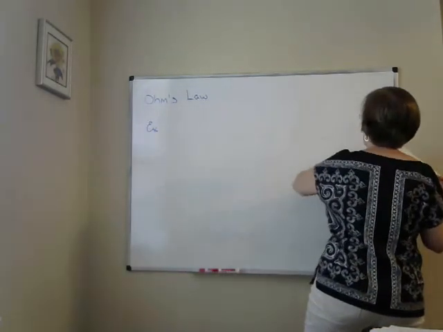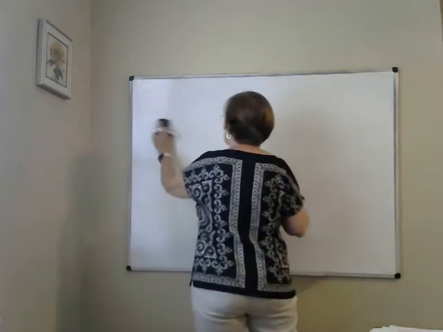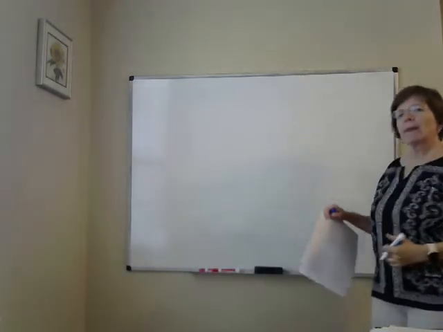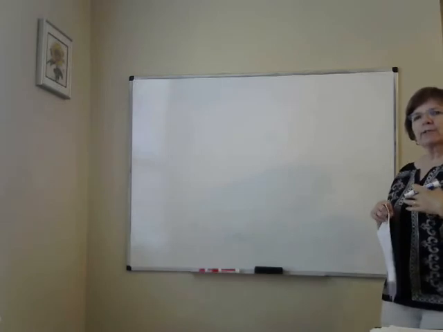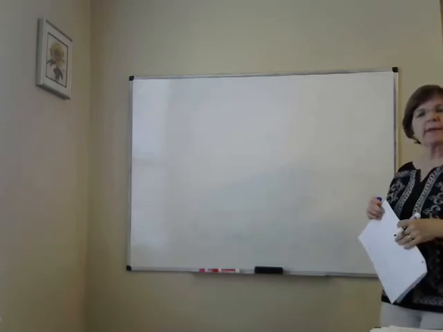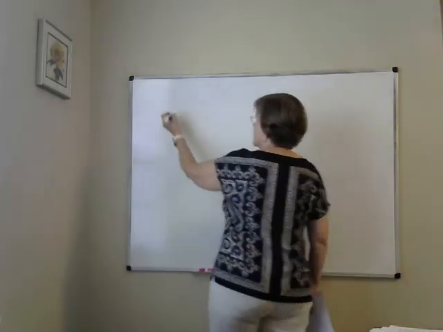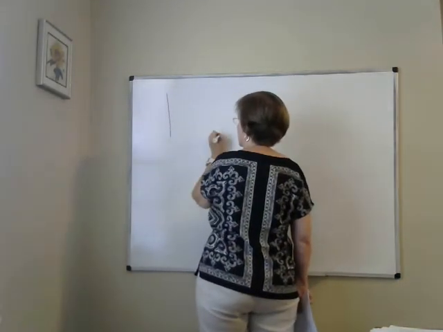Now, we have been talking about using a battery in our circuit. Batteries generate a certain type of electric current. They make direct current. Direct current looks like this.